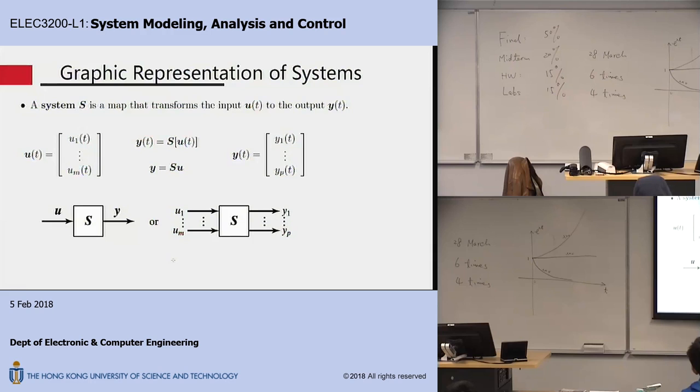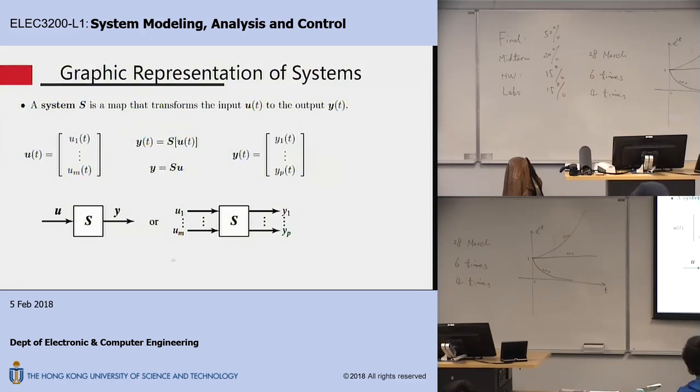We call these the input signals and the output signals. In general, a system might take many input signals. If you write it this way, you have u1 to uM, all signals going in. You also have output signals going out. You have M of those input signals and P output signals.